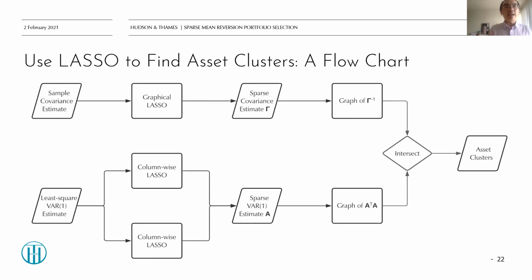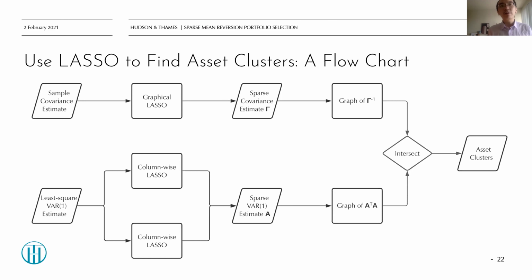So basically, you can analyze the covariance matrix to find the conditional dependence between the assets. And also, we can analyze the conditional dependence using the vector autoregressive model coefficient. So you can see three lasso models are used here for obtaining a sparse covariance estimate.